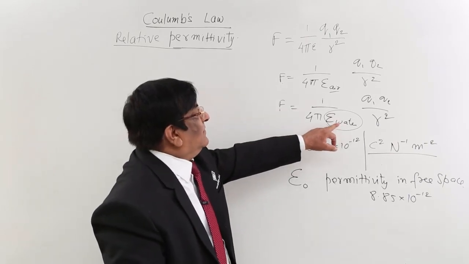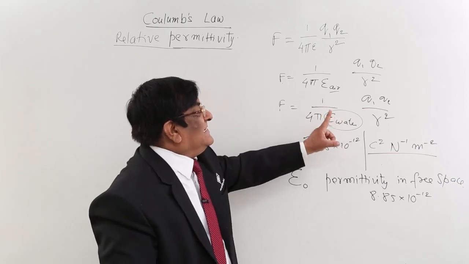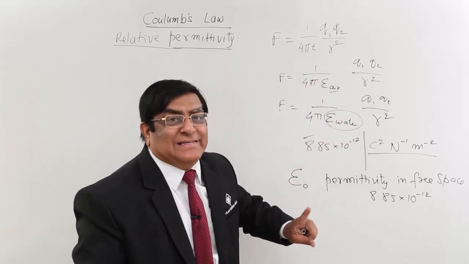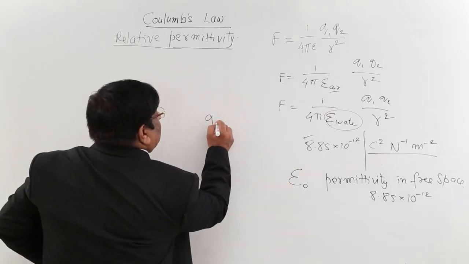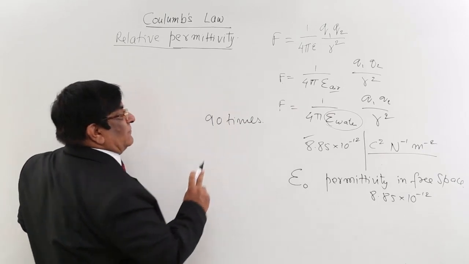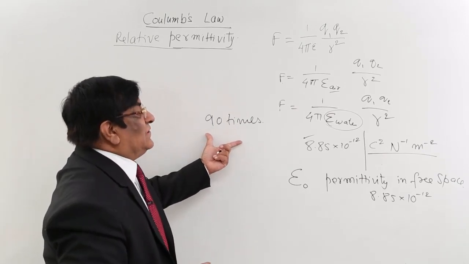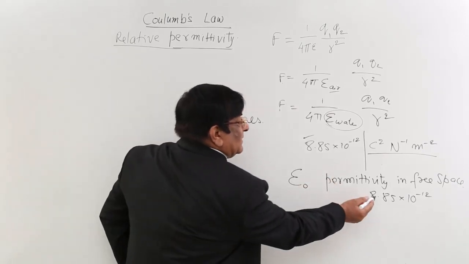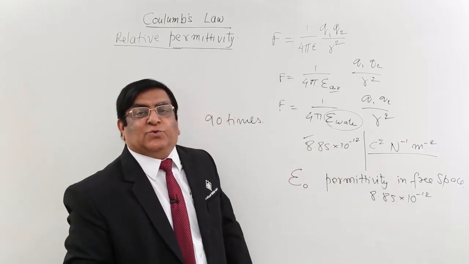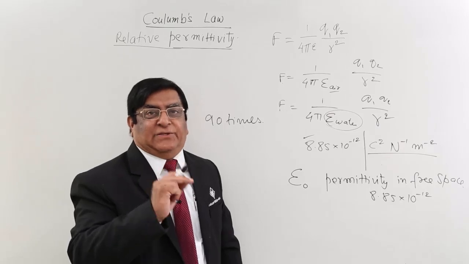The permittivity of water is 90 times the permittivity of free space. This is one language in which I can write it. The other language is that I multiply this with 90 and give you exact values. So there are two types of languages we can use.